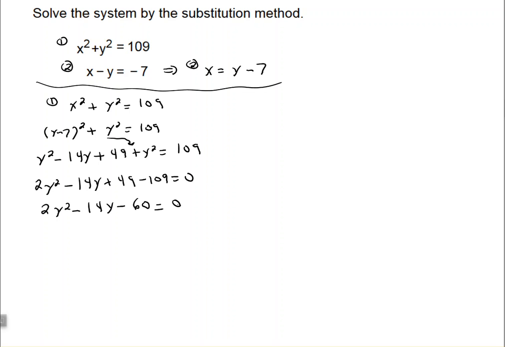All right, so I see 2 will go into all of those terms, so I'm going to factor out a 2. And then I need to factor the trinomial. I need to find factors of negative 30 that give me a sum of negative 7. So how about negative 10 and positive 3?